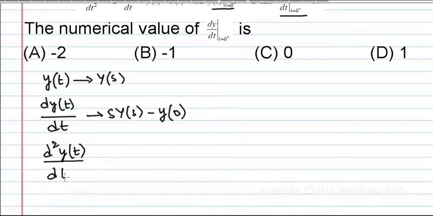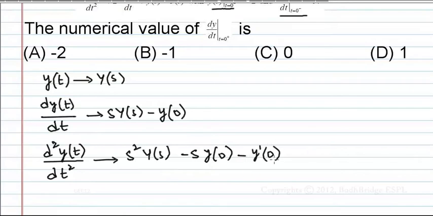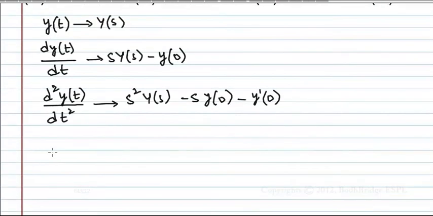D square y by dt square has s square y of s minus s into initial condition y of 0 minus y dash of 0. If it is d cube y by dt cube, let's write this to understand how it is.